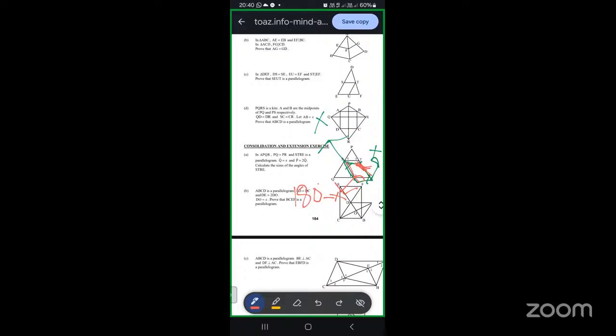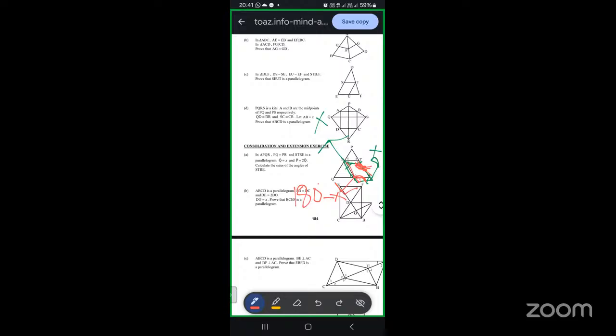If this one here is 180 degrees minus x, what will that angle be?